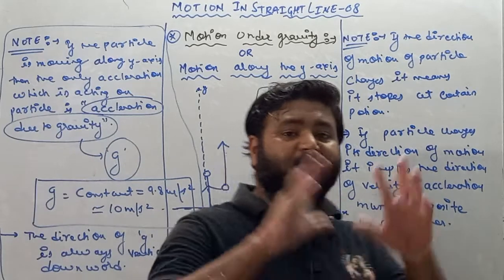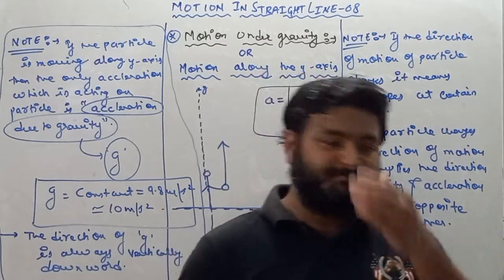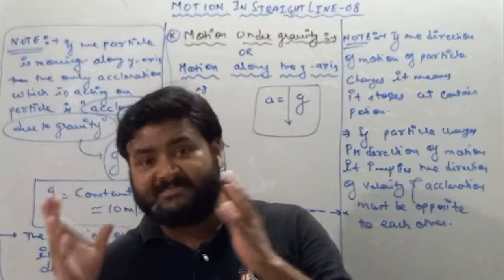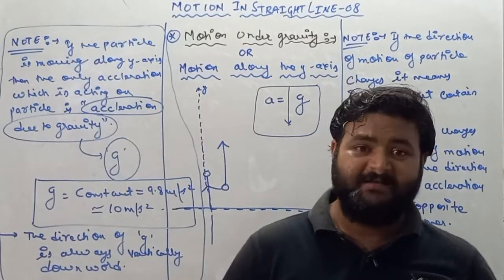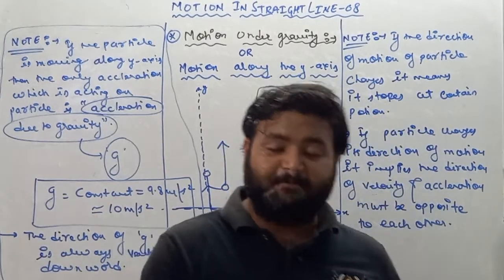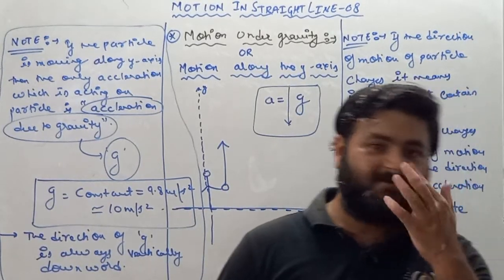So I hope you all understand this concept, that if a particle changes its direction of motion, then it must stop at a certain point, and only then does it change direction.